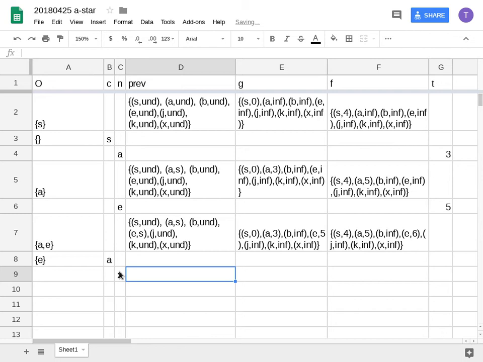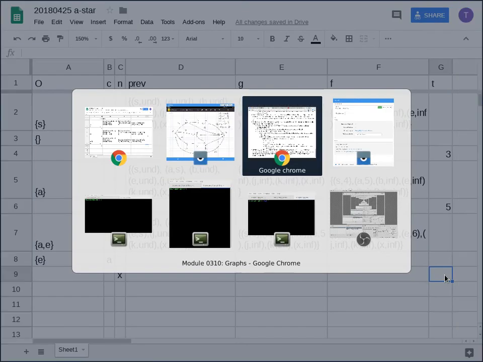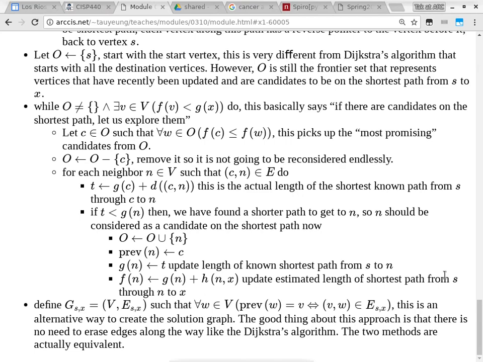Okay? So now we have to compute the variable T, which is in the last column here. According to the algorithm, T is just the sum of g of A plus the distance from A to X. Is that okay? In other words, what we're trying to do is find the length of this path, starting from the start vertex, going through vertex A to vertex X, which is my destination.